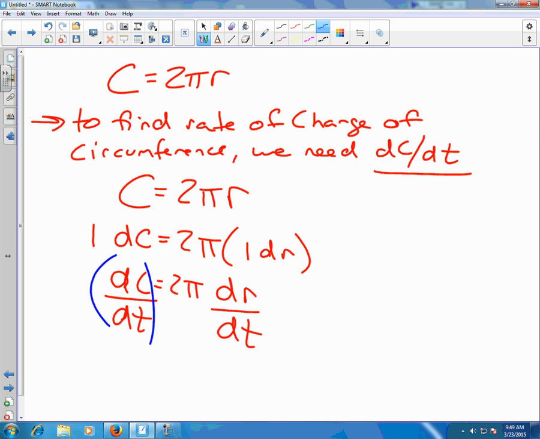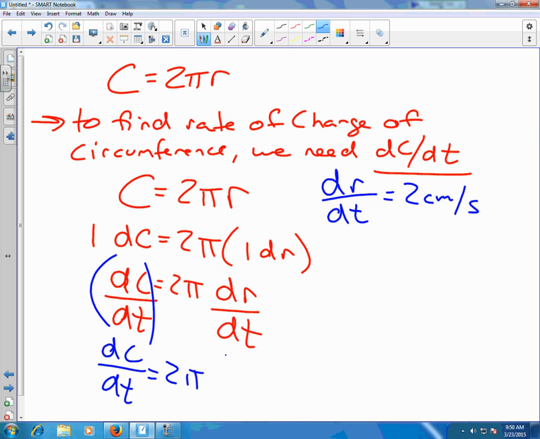Well, dr over dt, that's what we were given in the problem, and that was just 2 centimeters per second. So the rate of change of the circumference is going to be 2 pi times 2 centimeters per second, which is 4 pi.